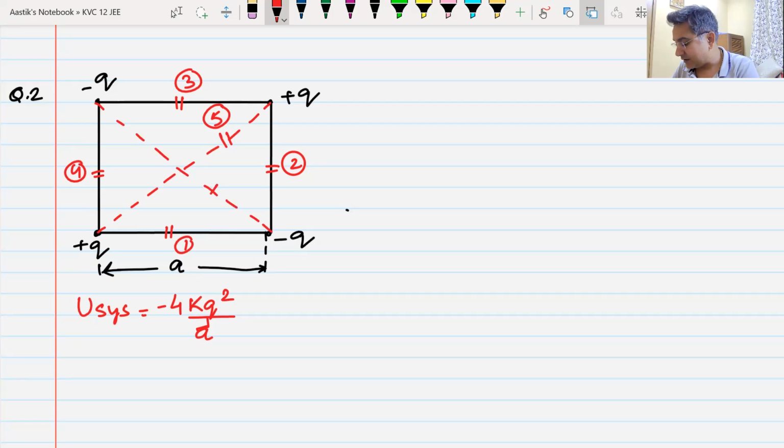So there are 6 pairs: 4 pairs of plus q and minus q separated by a distance a, and 2 pairs of plus q and plus q, or minus q and minus q, separated by a distance of root 2a. So the total energy of this system is plus 2kq square by root 2a. That is the answer.